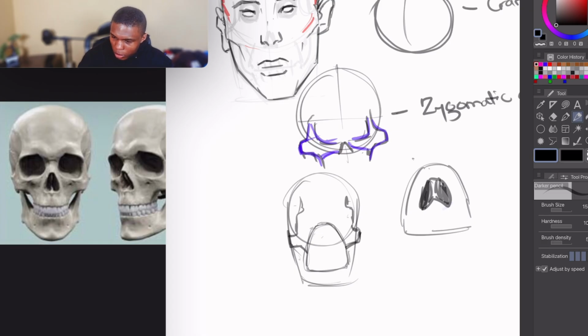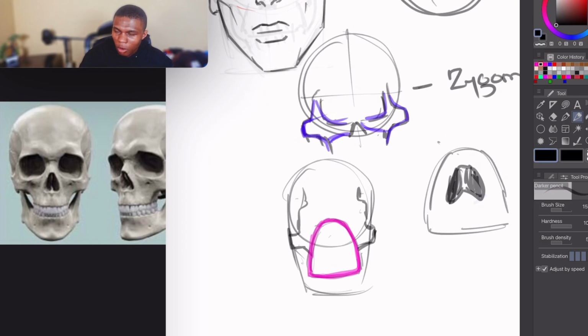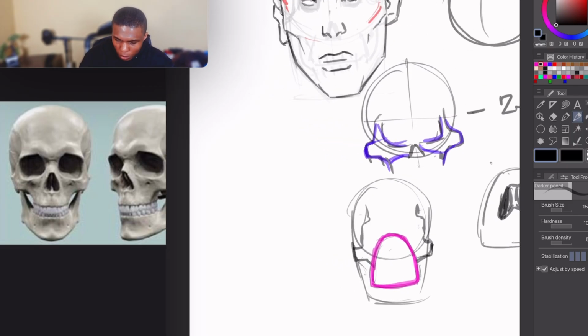Now this thing over here, let's use this shape over here in pink. This is our maxilla. It's where you also find our upper jaw, and you also find, how would I put it, the slope that makes up the nose.